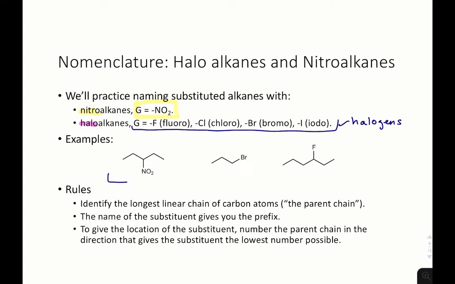So some examples of substituted alkanes with nitro or halo groups are right here. All right, so we're going to try to name these. So the first thing that you want to do is identify the longest linear chain of carbons. The longest linear chain of carbon atoms becomes the parent chain. So why don't you go ahead and do that for each of these molecules.